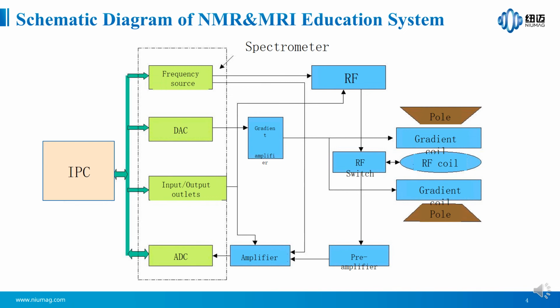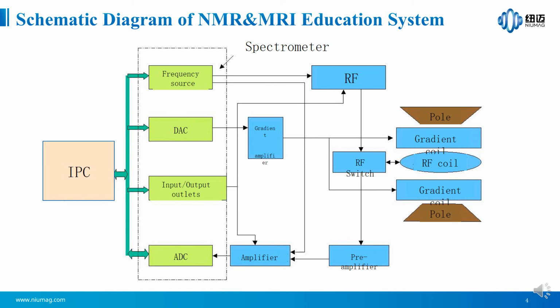This part is the radio frequency system, including the radio frequency amplifier and preamplifier. The gradient unit includes the gradient amplifier and a gradient coil. Finally, it's the magnet and the coil.